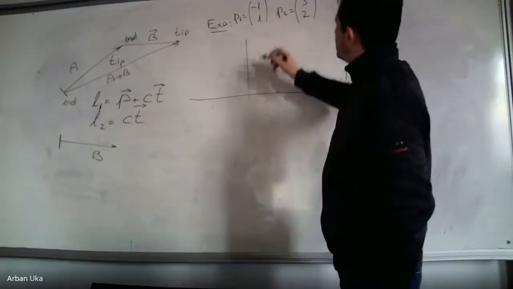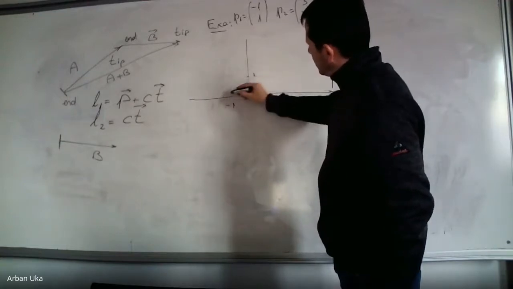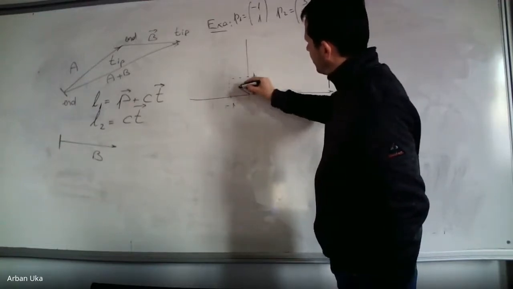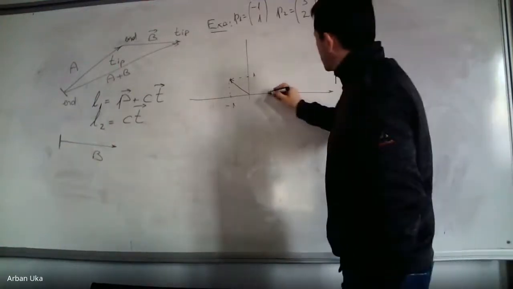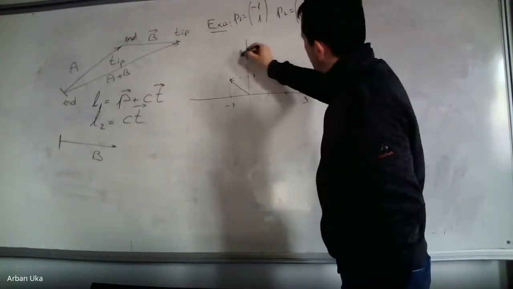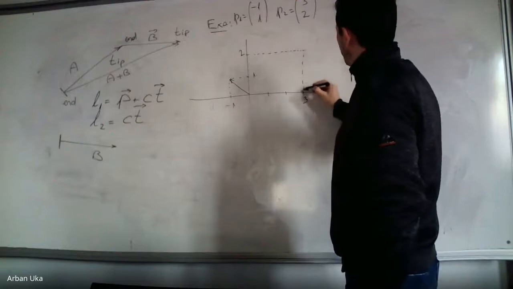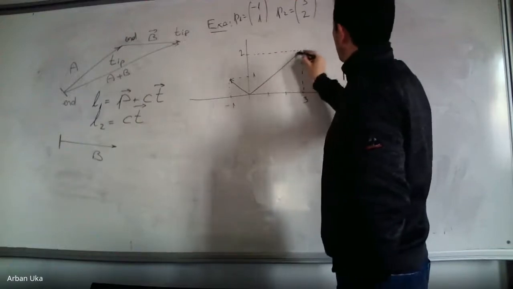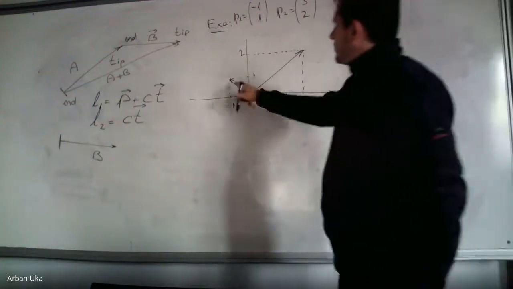The first point, -1, 1, is here. The other point is 3, 2. This one is 1, 2, 3, and 2 is somewhere here. Okay, so this is point P1, this is point P2.